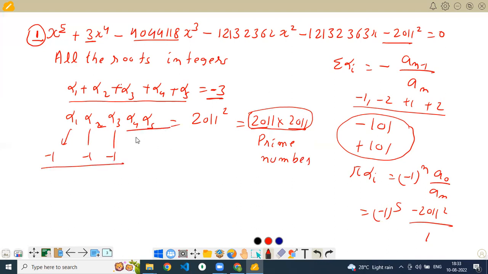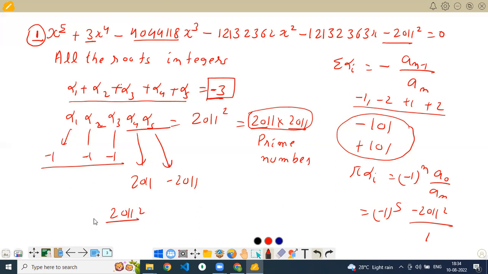And the sum of these two has to be 0. So this will be 2011, this will be minus 2011. And when you multiply all this, plus, minus, plus, the final product of all this will be 2011 square. So we get the product as 2011 square.